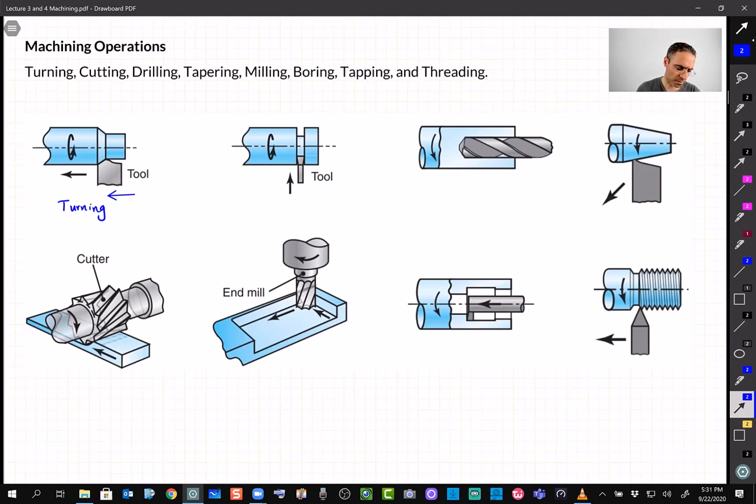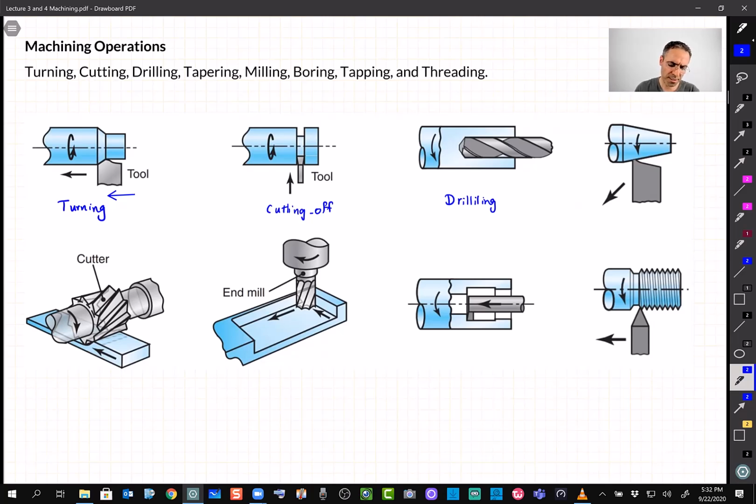The second one is another turning process, but with the type of tool that we use, we cut off a portion of a shaft. So it is called cutting off. Drilling, many of you are familiar with, or have done drilling in the past.